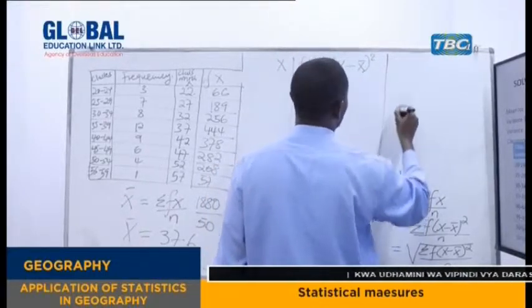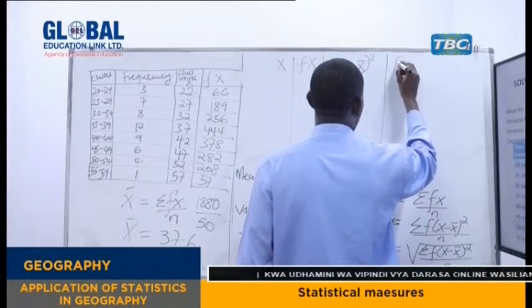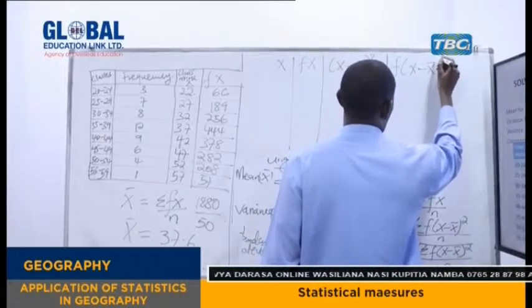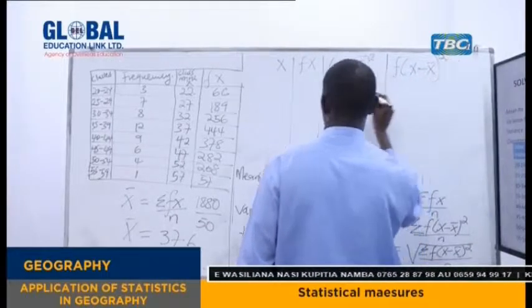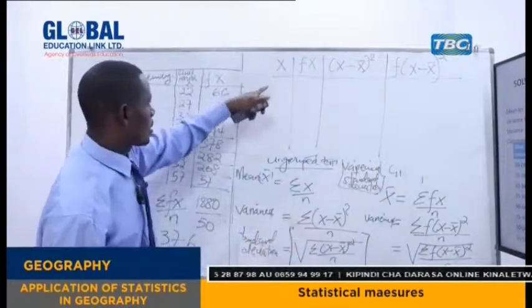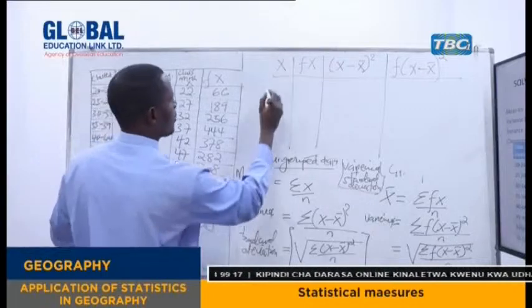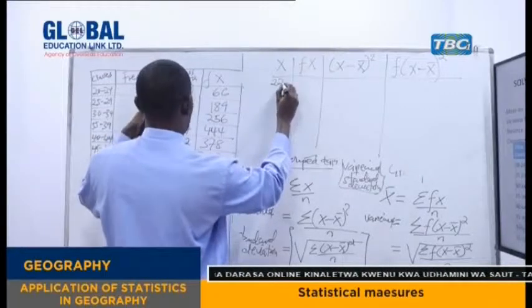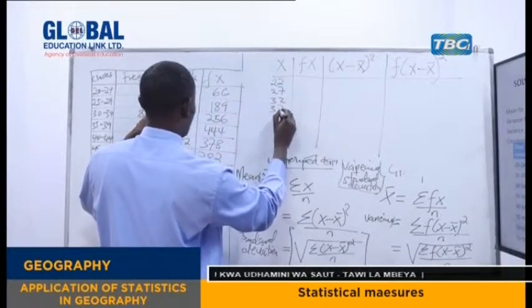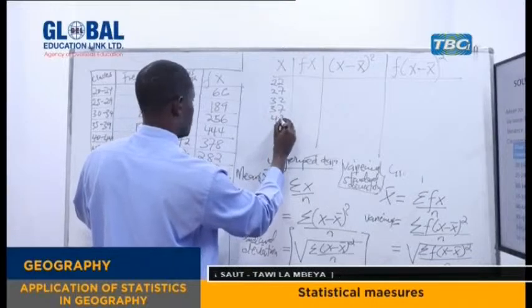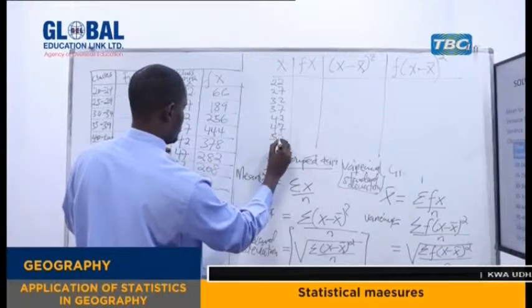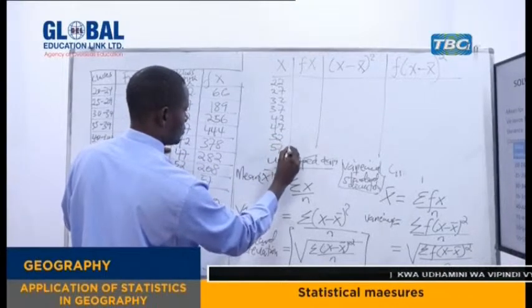Then we have another column for f times bracket x minus x mean, squared. So we should have another column for that one. From our data, we'll take the class marks that we have obtained: 22, 27, 32, 37, 42, 47, 52, 57.